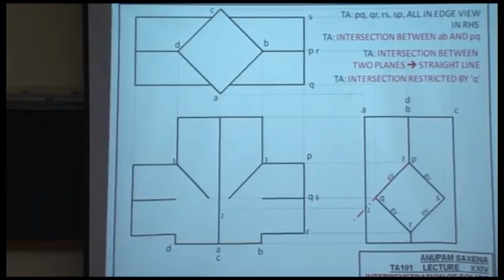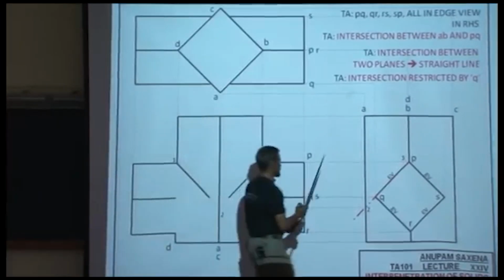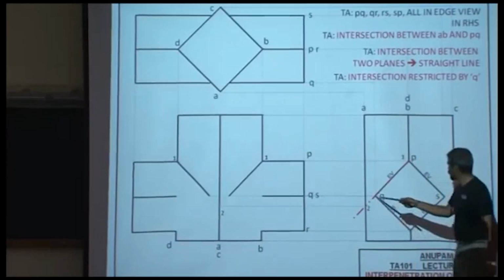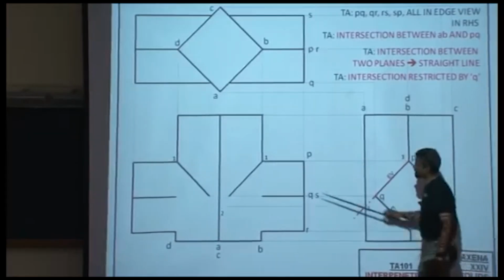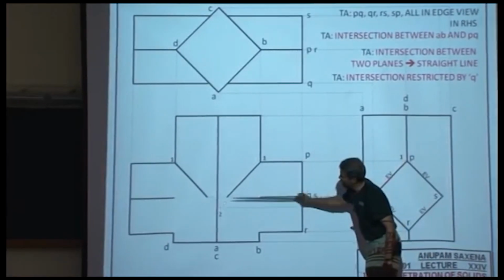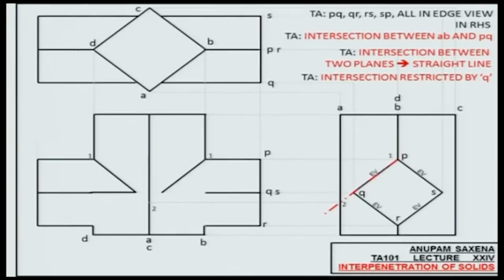Having said that, it's actually the edge Q which is going inside, which is kind of hampering this intersection from happening. So you need to extend edge Q from both sides, because edge Q is going to be visible in the front view.